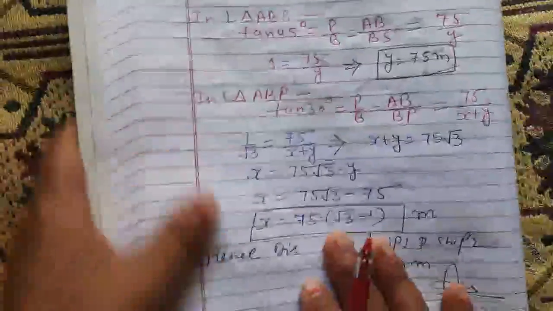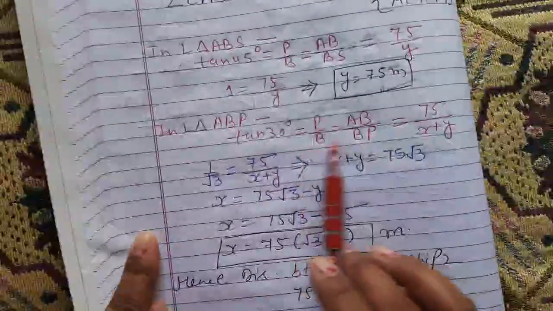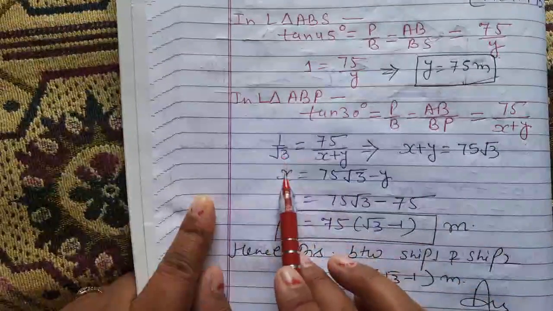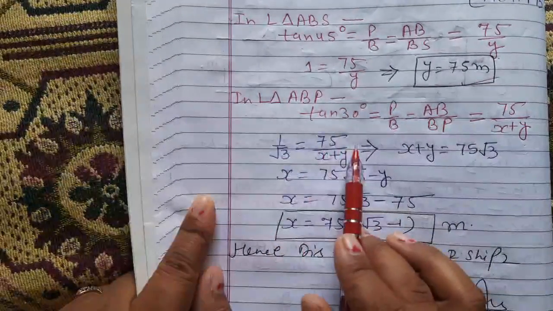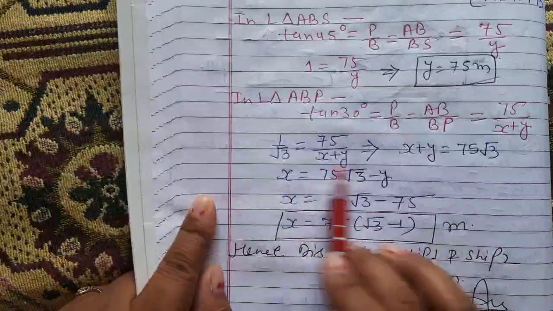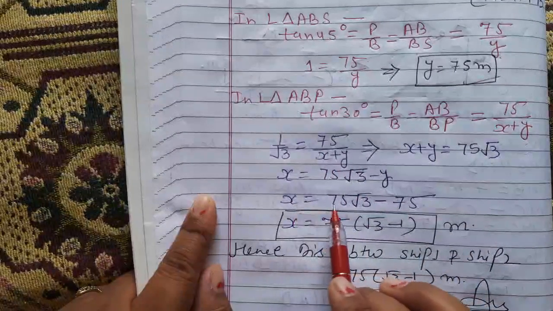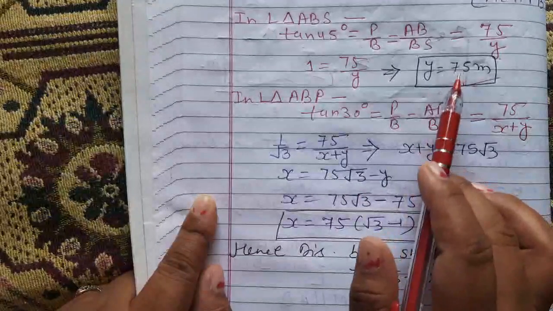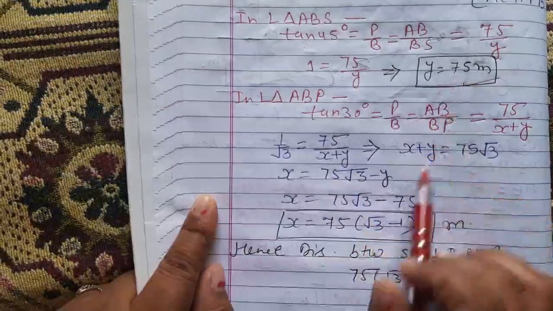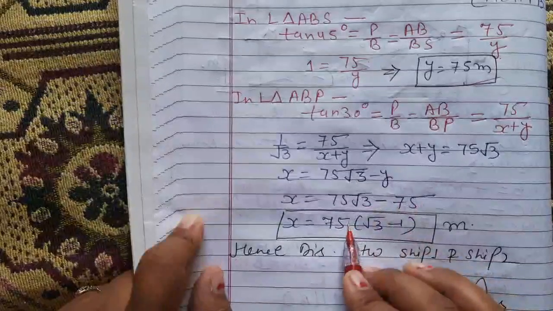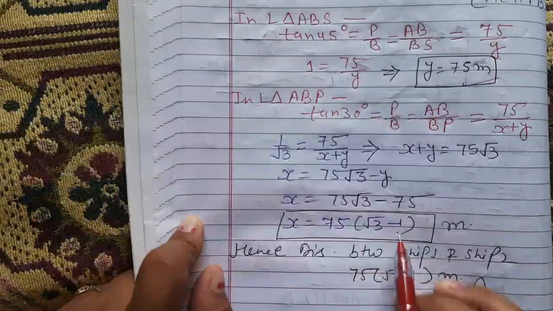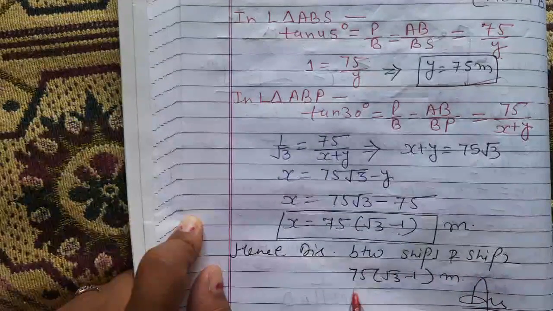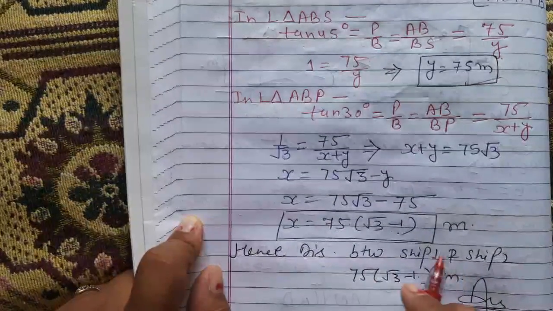So now tan 30 degrees, 75 upon x plus y, 1 upon root 3, value of 30 degrees, 75 upon x plus y. Cross multiplication, we are getting x is equal to 75 root 3 minus y, and the y we just got is 75 meters. So now taking 75 common, root 3 minus 1. So the distance between the two ships in the sea is 75 bracket root 3 minus 1 meters.